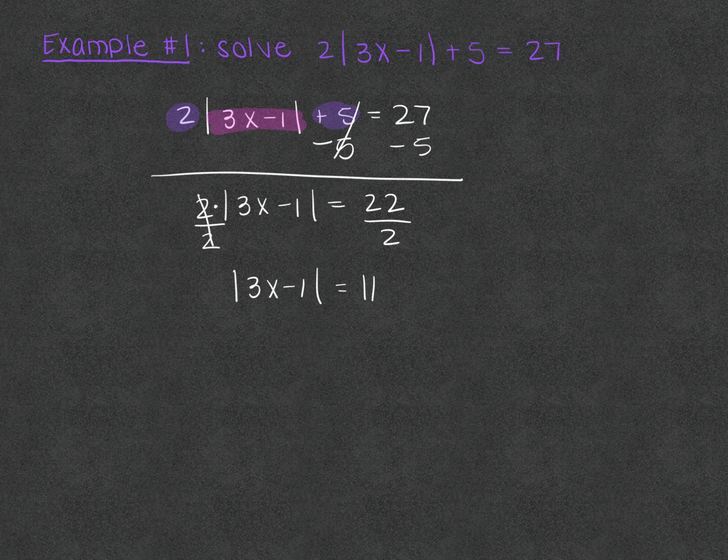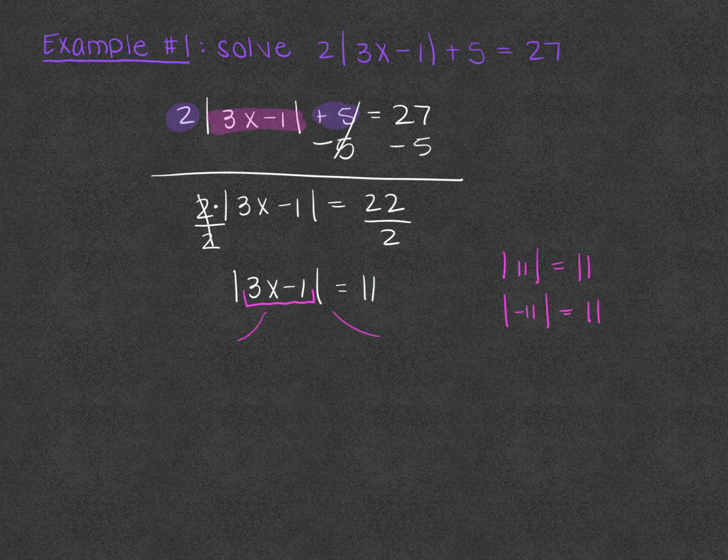Now, what we were talking about before, when I have the absolute value of positive 11, that's going to equal 11. If I have the absolute value of negative 11, that's also going to equal 11, right? So what we need to do is take whatever's inside of our absolute value bars, and we're going to split it into two cases.